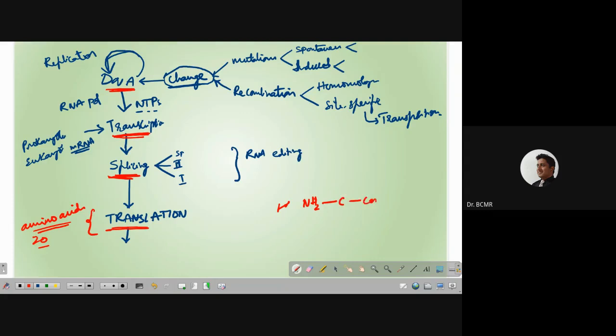C, COOH, that's the common general formula for an amino acid. So all the different amino acids differ in the R group, the chain. And there is proline, which also has a difference. So from here on, we are talking in terms of amino acids.